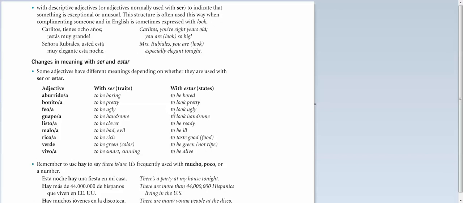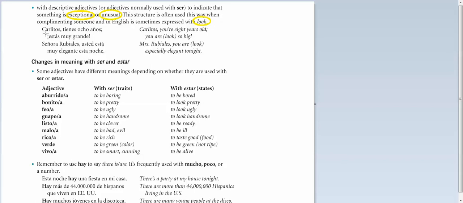So if it's an adjective that is typically used with ser, you can use it with estar, but it means that what you're seeing is either exceptional or unusual, and it translates as looks, not is.